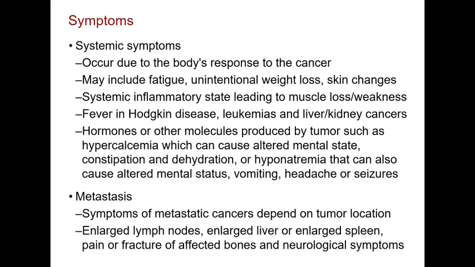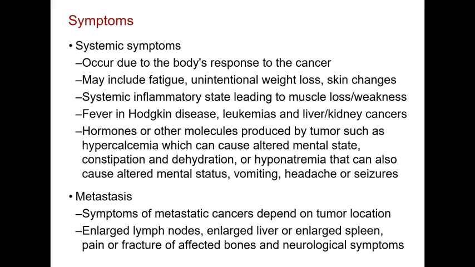So the person will complain of weakness in muscles, muscle pain can be there, and muscle degeneration can also be there due to release of inflammatory molecules. Hodgkin disease is a type of cancer where we see fever happens. In leukemias and liver and kidney cancers also we see fever happening.